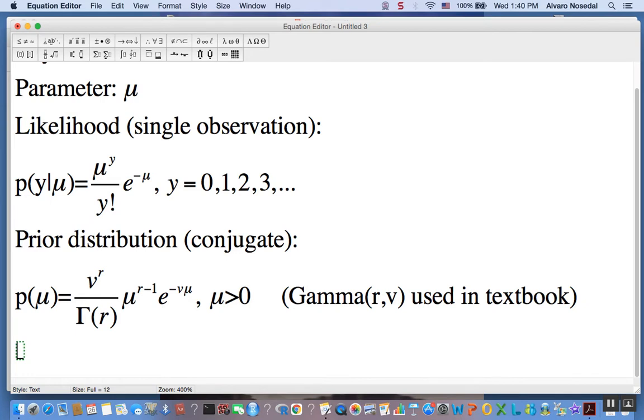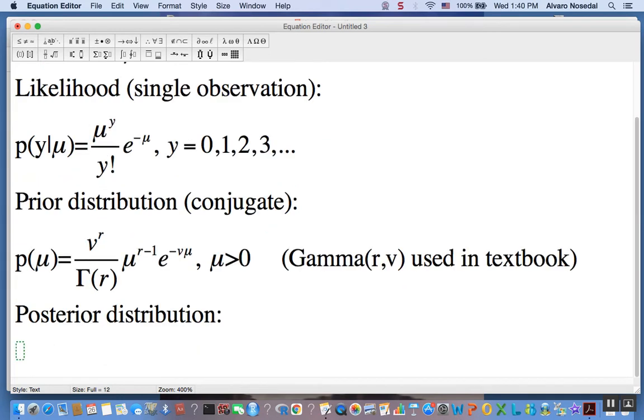So now what we're going to be doing is obtaining the posterior, and we're going to do this step by step, very carefully. So, posterior distribution. We know that the posterior distribution would be this conditional probability density function, the probability of mu given y.